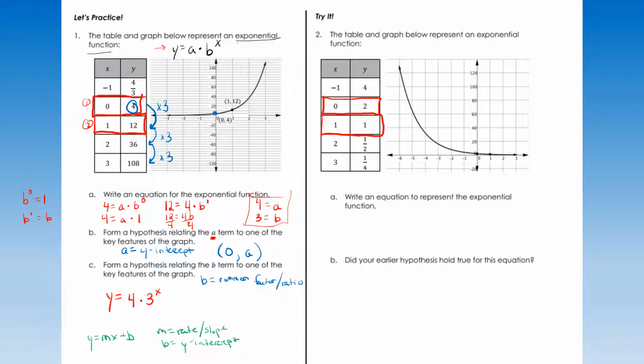And you're going to want to write your equation using the exponential equation here, y equals a times b to the x power. So go ahead and pause the video and write an equation for this exponential function here, and then see if our hypothesis holds true. Does a equal the y-intercept? Does b equal the common ratio?